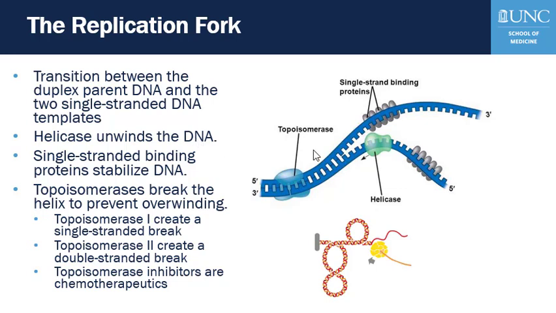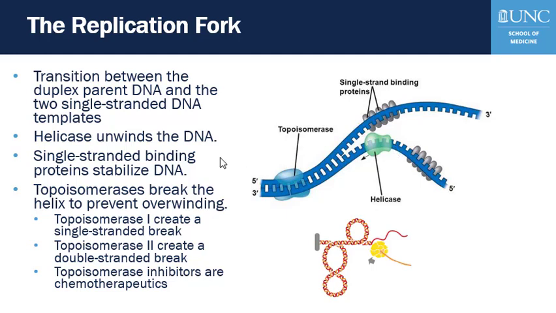So helicase is what translocates along the DNA duplex, unzipping or unwinding the parent strand and leaving these two single-stranded templates behind it. So there are many helicases in vertebrates, and they're involved in DNA replication along with transcription and DNA repair. So once unwound, we're left with these two single-stranded DNA molecules.